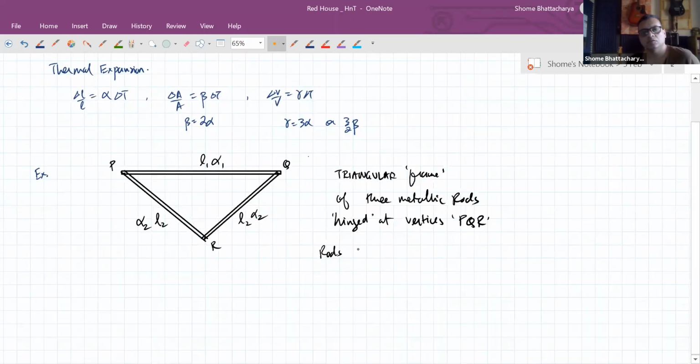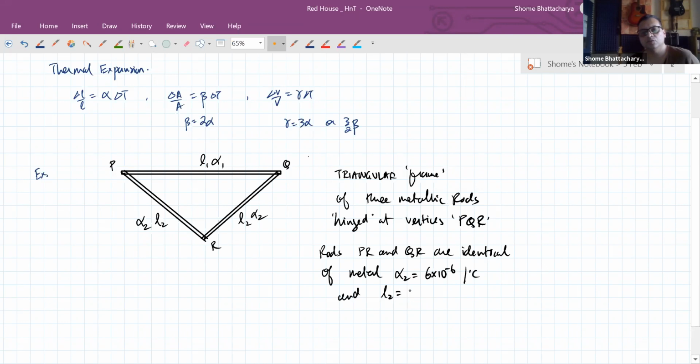So rods PR and QR are identical, of a metal which has coefficient of linear expansion 6 times 10 raised to the power minus 6 per degree C, and length equal to 12 meters at a temperature of 25 degrees C. Whereas the rod PQ is of a metal which has unknown coefficient of linear expansion, but length equal to, let us say, 16 meters at T naught equal to 25 degrees C.